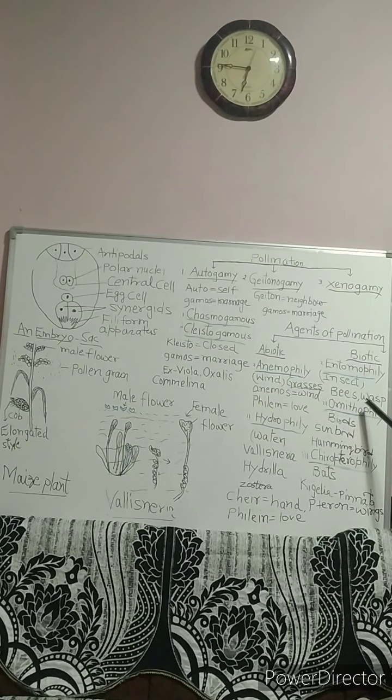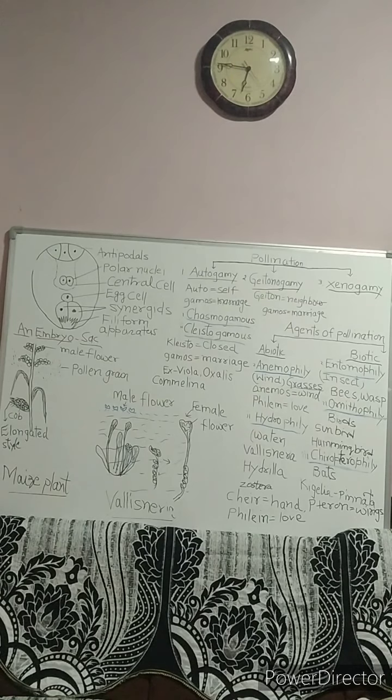Now, which insects cause this? Bees, wasps, etc. Ornithophily, bird pollinated plant. These bird pollinated plants have a funnel shaped corolla.